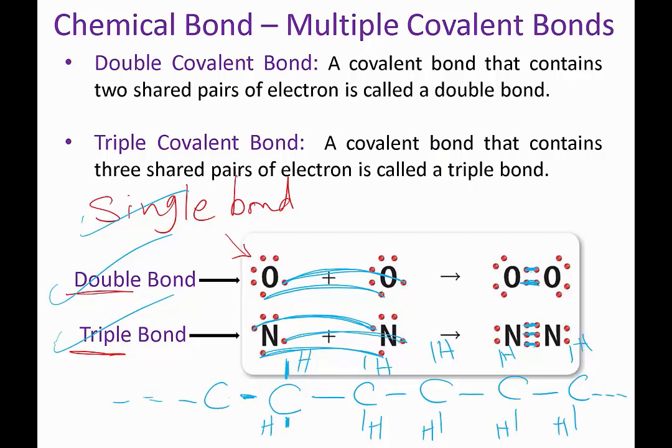Sometimes it's longer. So here, as you see, all of the bonds are single bonds. Sometimes, in some molecules, maybe those hydrogens are cancelled and it will make a double bond. So the carbon will make a double bond with the other, like this case.